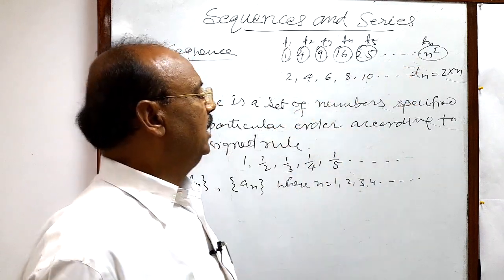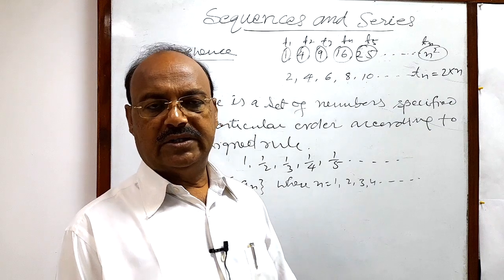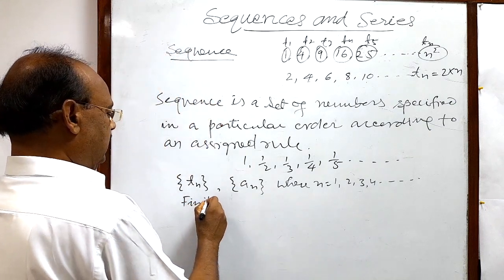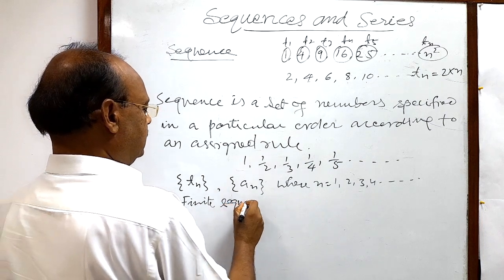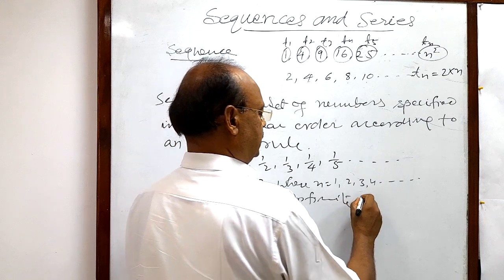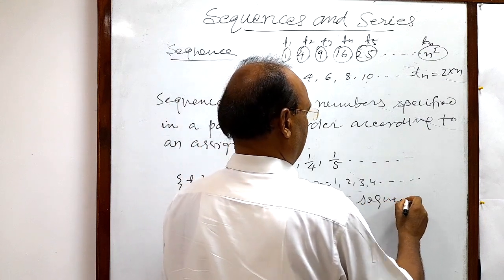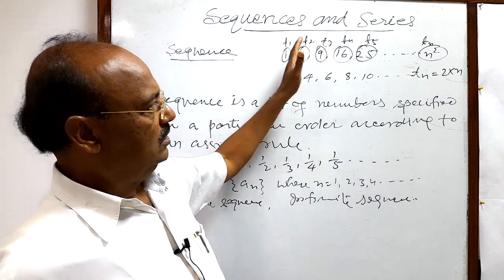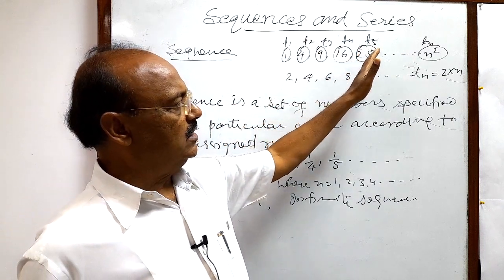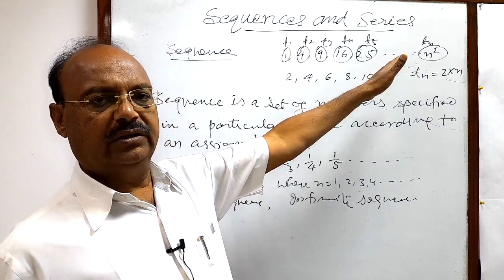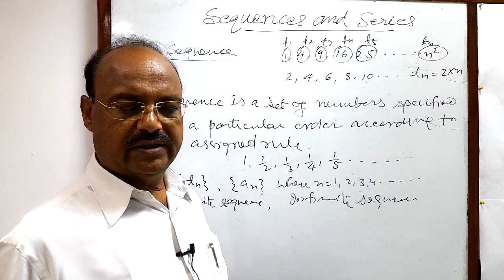And there are two types of sequences. One is a finite sequence, and another is an infinite sequence. If the sequence is mentioned in such a way that we know the end number, then it is called a finite sequence.